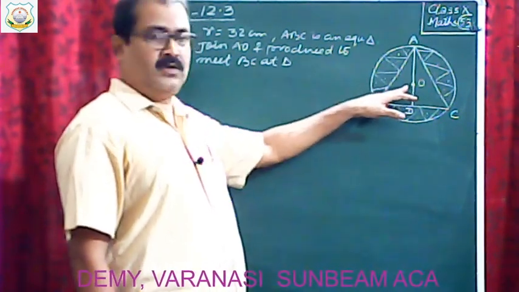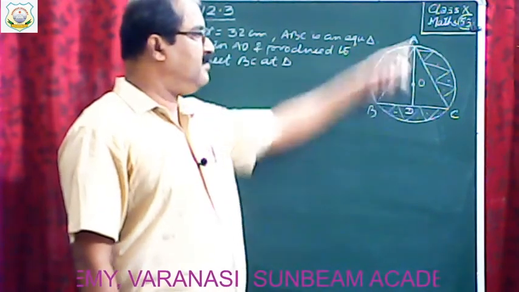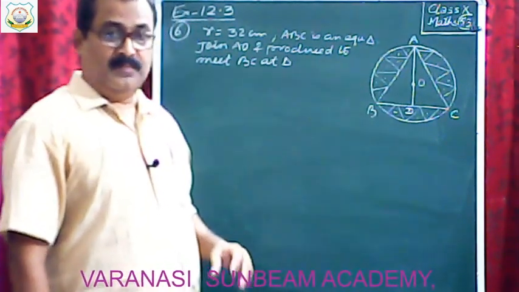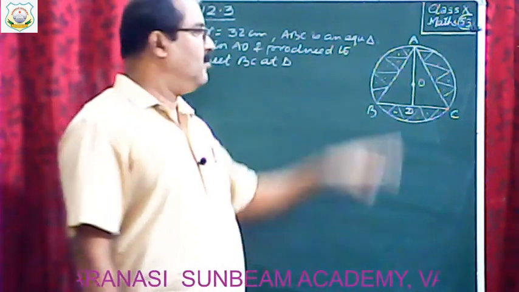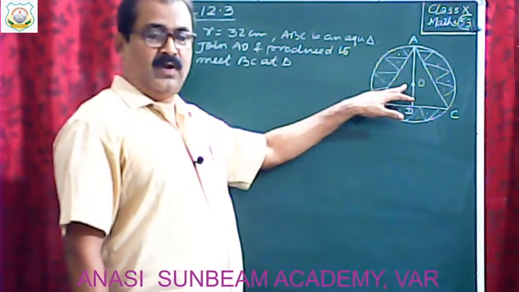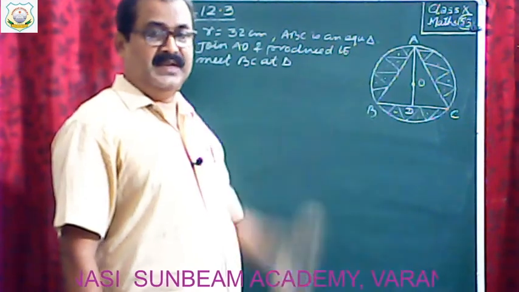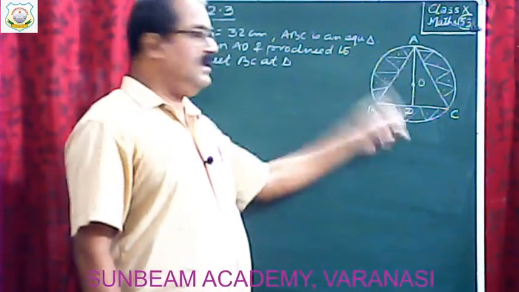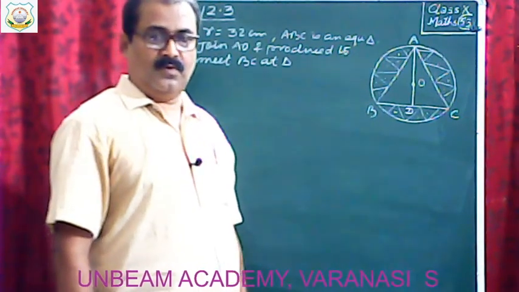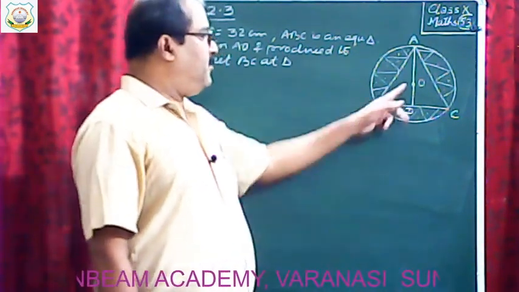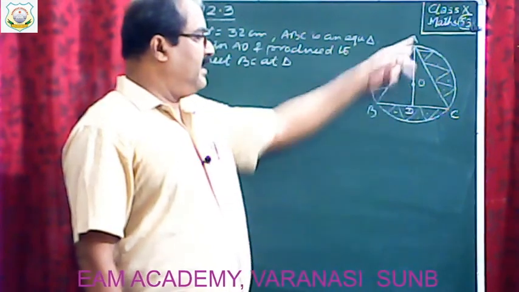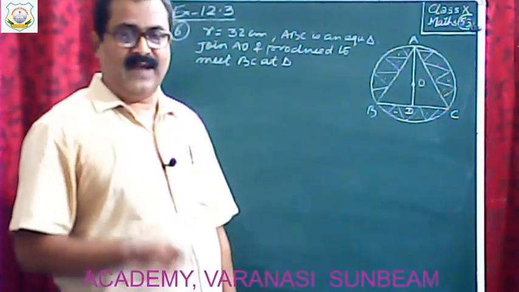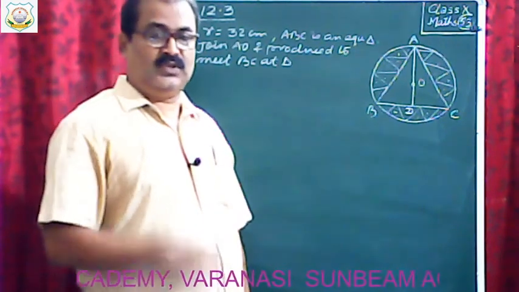If O is centroid, then AD is what? Median, because point of concurrency of medians is known as centroid. If O is orthocenter, then AD is altitude. And you know that centroid divides each median in the ratio 2:1.